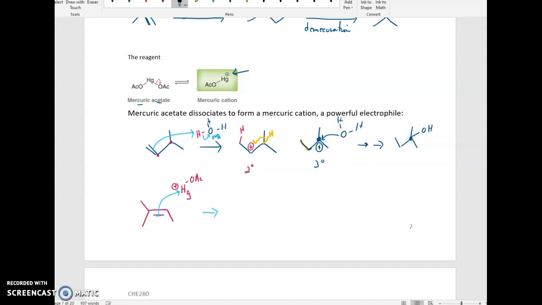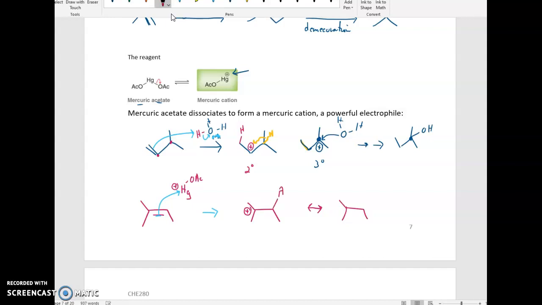It's going to produce a bond that's in equilibrium with a carbocation.